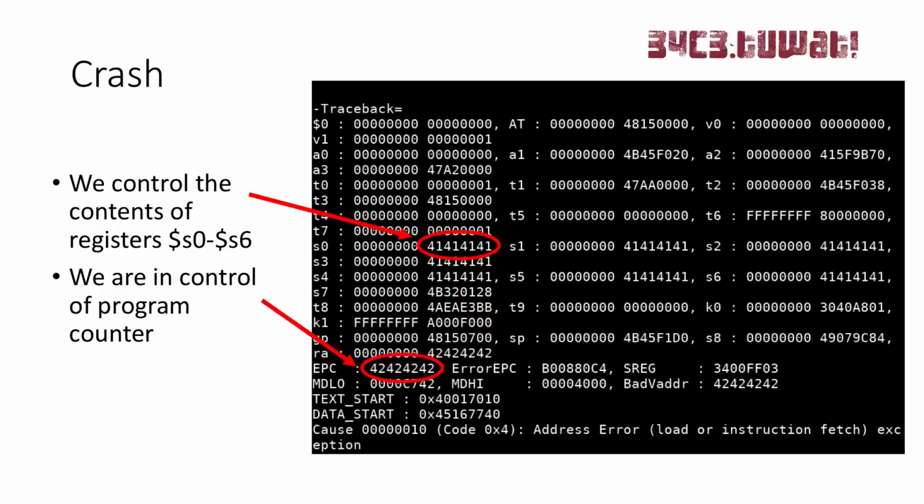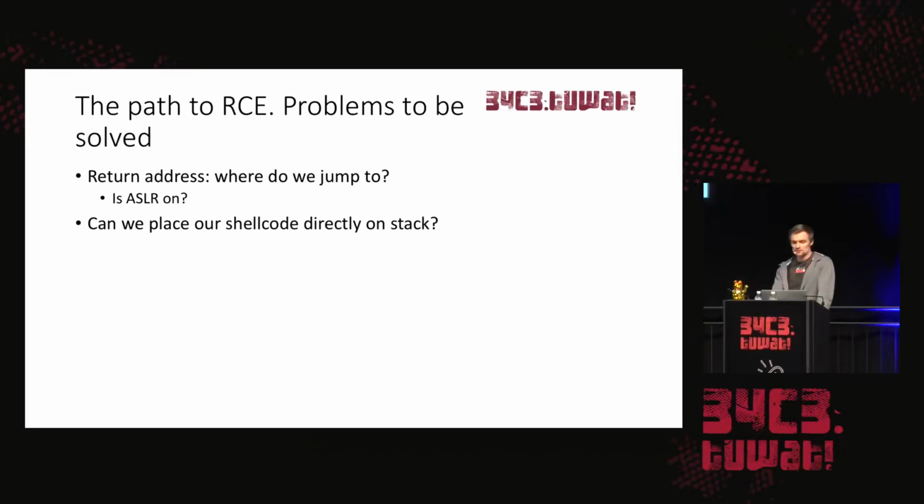It's called EPC. And we also control the contents of registers S0, S1, S2, S3, S4, S5, S6. Further inspection also told me that we have 60 spare bytes on the stack to work with. But before we build the exploit, we have some issues to be solved. Yes, we do control the program counter, but where do we jump to?